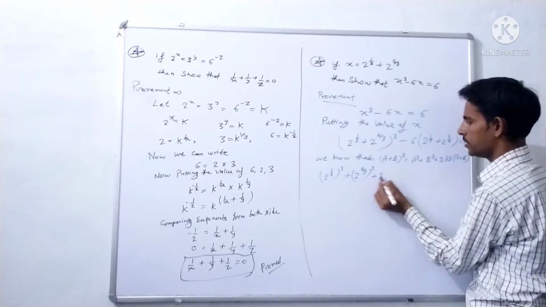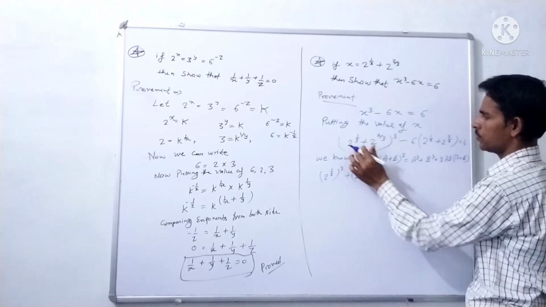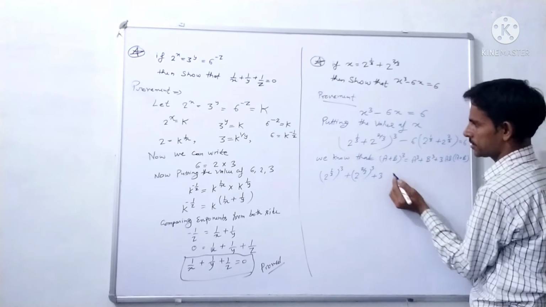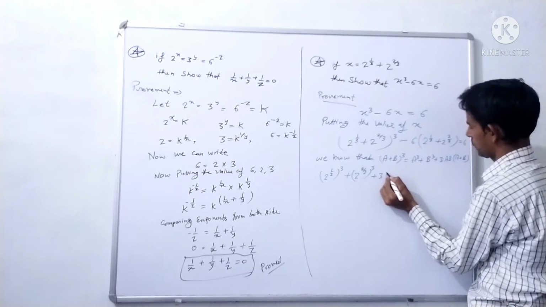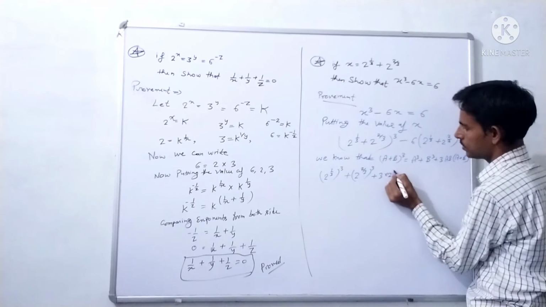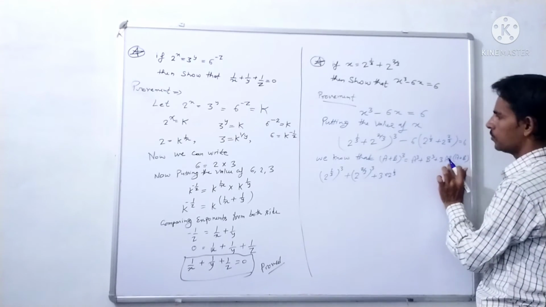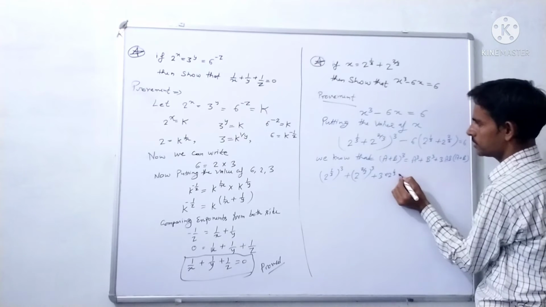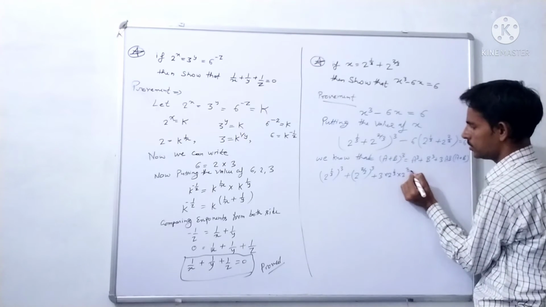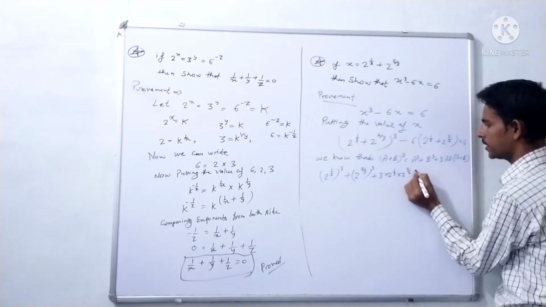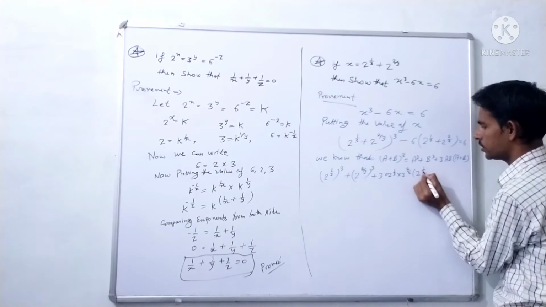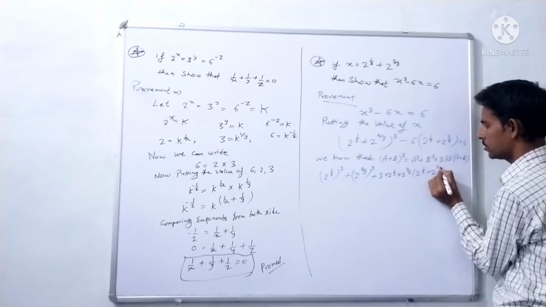So plus 3 times the value of a, which is 2^(1/3), and the value of b, which is 2^(2/3), times the bracket (a + b), that is 2^(1/3) + 2^(2/3).